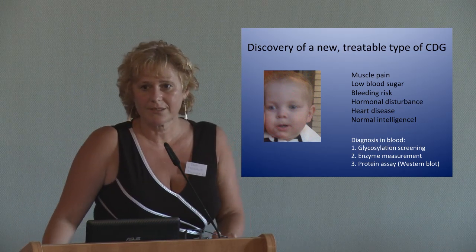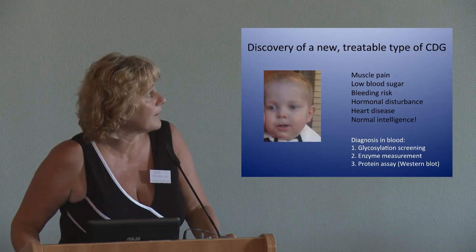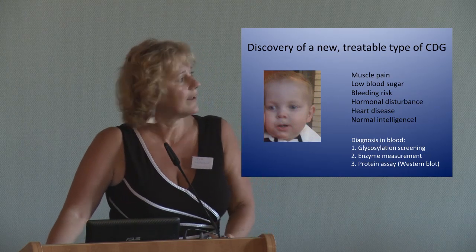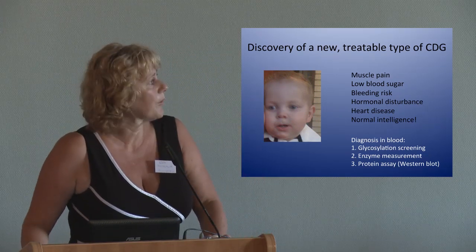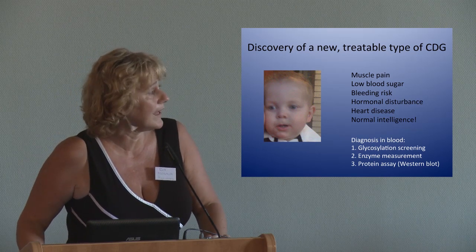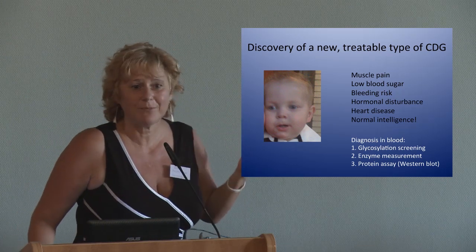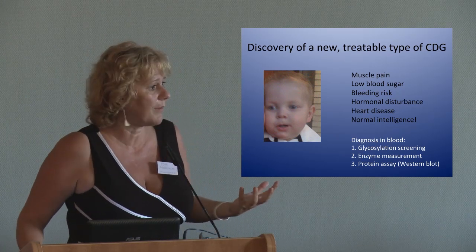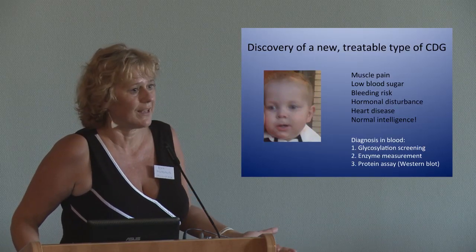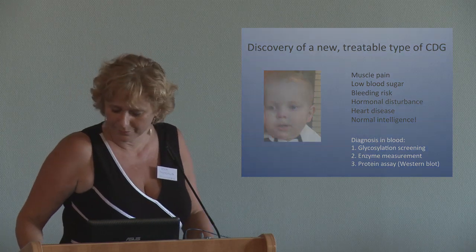They do have muscle symptoms. They do have recurrent hypoglycemia. They have a very significant risk for bleeding. They have hormonal disturbance. Many of them have a cardiomyopathy, but they do have a normal intelligence. And if you just look at those symptoms, these are really very common CDG symptoms. However, normal intelligence is only in a few patients in the group of CDGs.